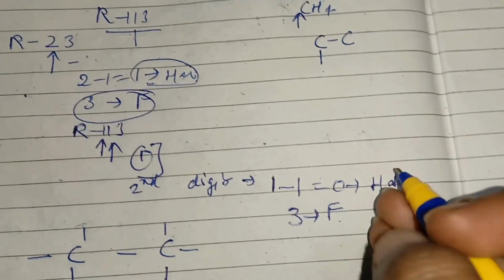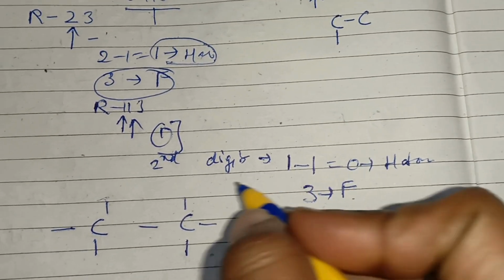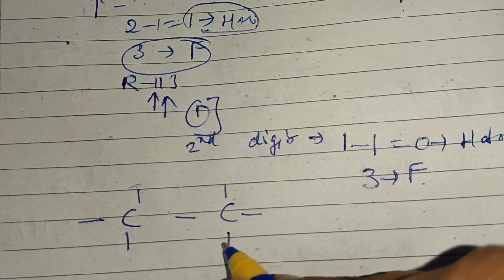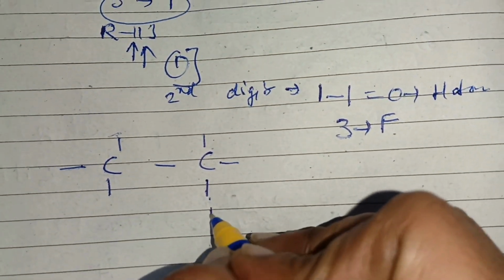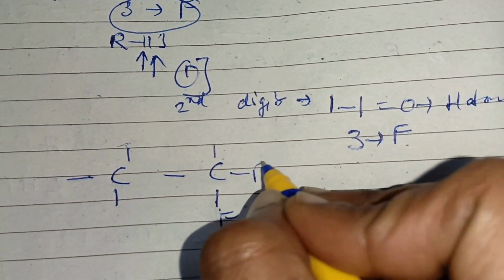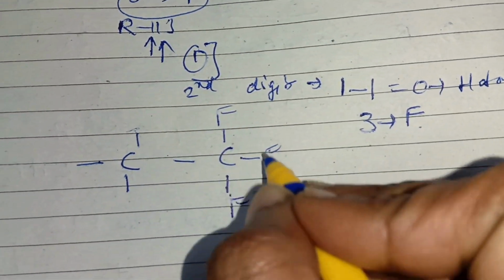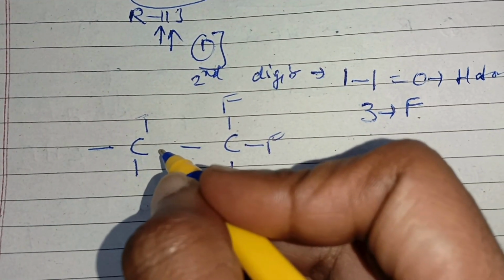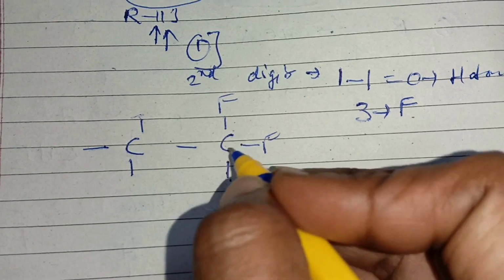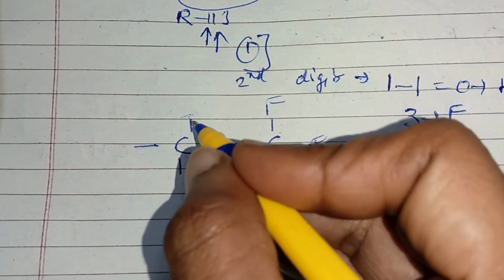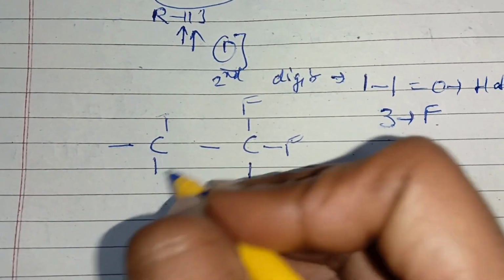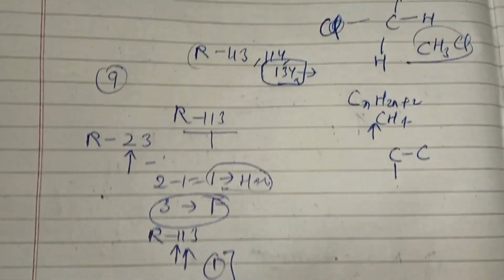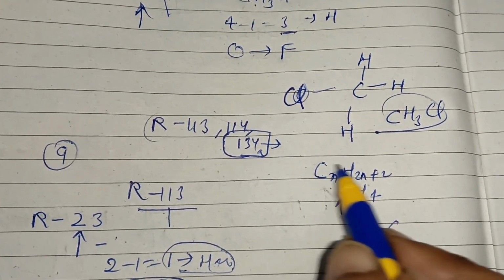As we have seen, the number of hydrogen is 0, so no H will come here. Fluorine is 3. So if you want, you can give 3 fluorines here. You can see for this carbon, all 4 bonds are filled: one with carbon only, and 3 are taken by fluorine. You see there are still 3 vacancies. So the remaining would be taken by chlorine, as we were doing in case of methane based refrigerants.